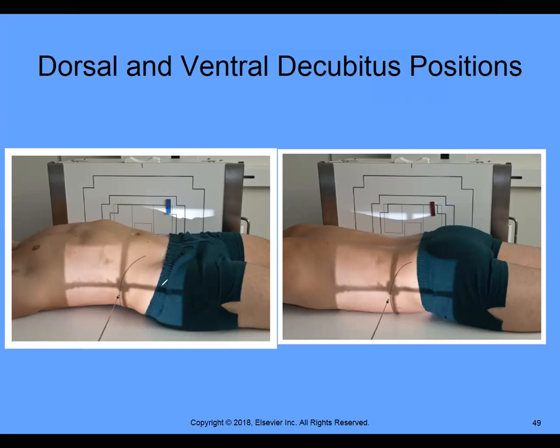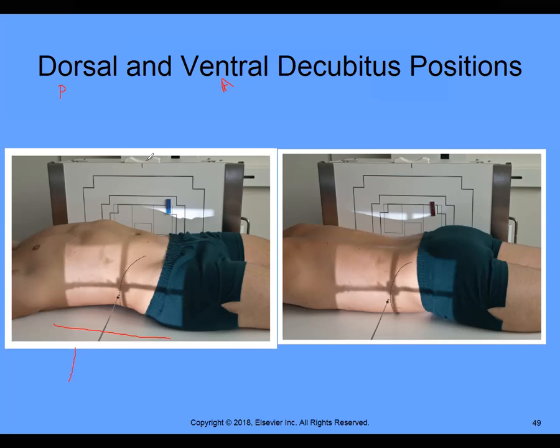Okay, again, these are also decubitus, but now we're using the terms dorsal and ventral. Dorsal is posterior, right? Ventral means anterior. So again, the patient is lying down on a horizontal surface and the X-ray is still coming from over here.